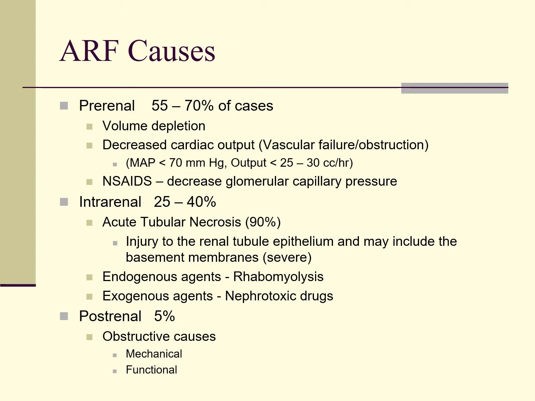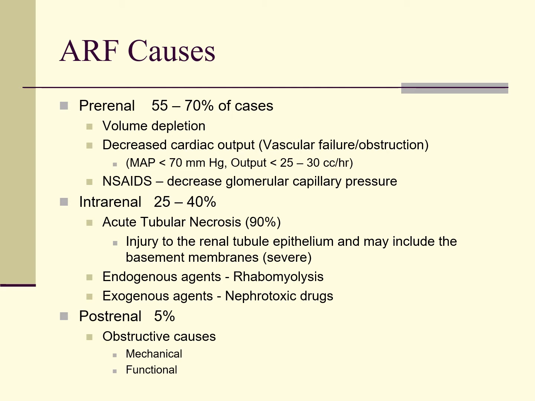So if someone is very severely volume depleted, the volume that typically is moving to the kidneys is diverted off and moved into the core to the major organs. So the kidneys then would not be perfused well. So again, this would be severe volume depletion via dehydration, via fluid loss. This would be a decreased cardiac output, such as in severe heart failure. And you can see some of the criteria there. The mean arterial pressure is dropping, the output is dropping.